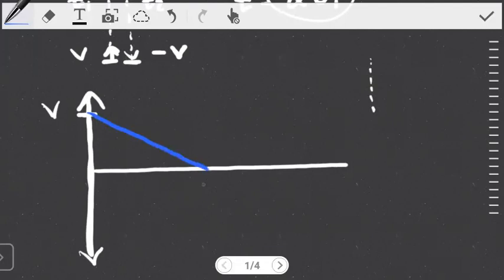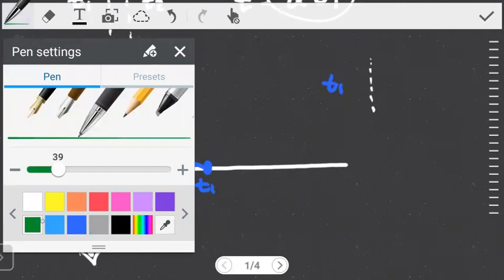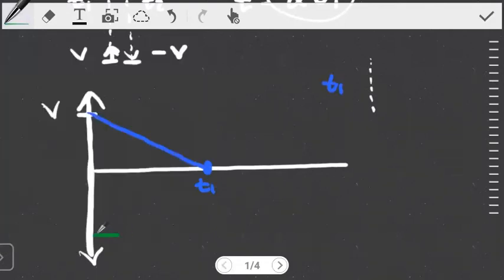At this point, the object has reached the maximum height. You can label this point as T1, the time it took to go all the way up to the maximum height. Next, the object now starts to come down.